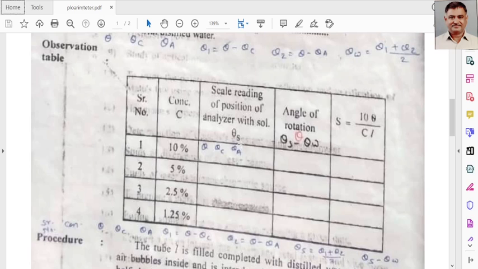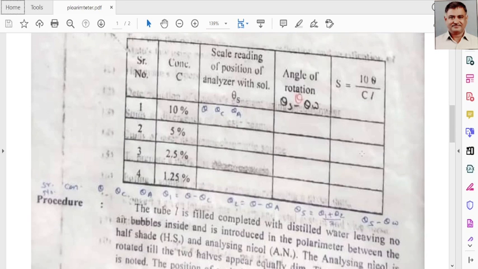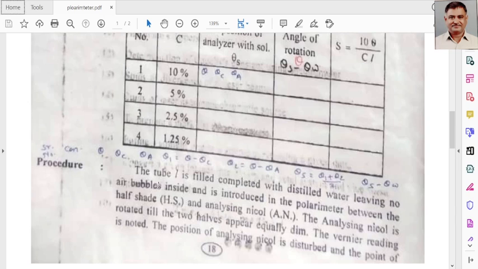And the scale reading we have to note down by observing in that instrument. Here the angle of rotation can be calculated by theta S minus theta W, and here S equals tan theta upon C by L. In this way we have to take the observations.